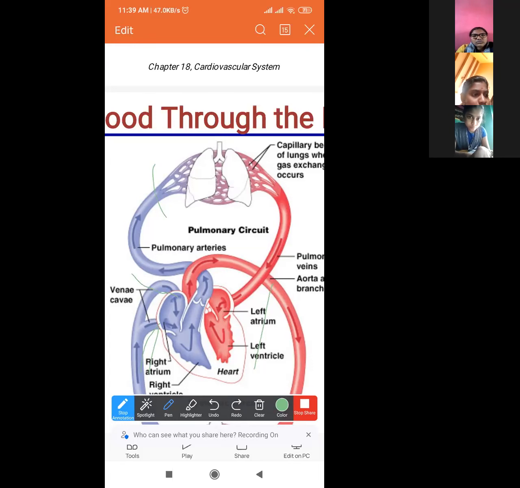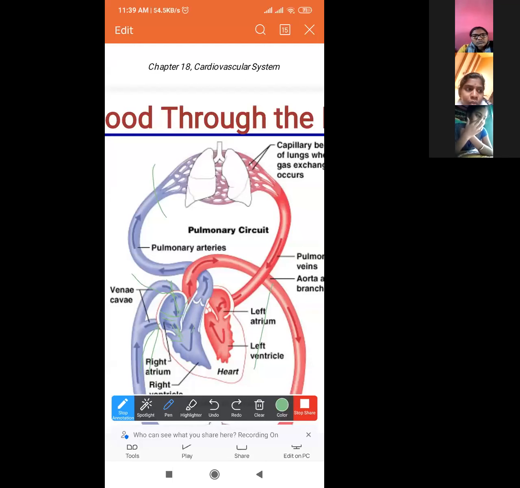Superior vena cava and inferior vena cava carry the deoxygenated blood. It enters into the right atrium. Here the right atrium is there. Between the right atrium and here, one valve is there. I have said, no. What is that valve?